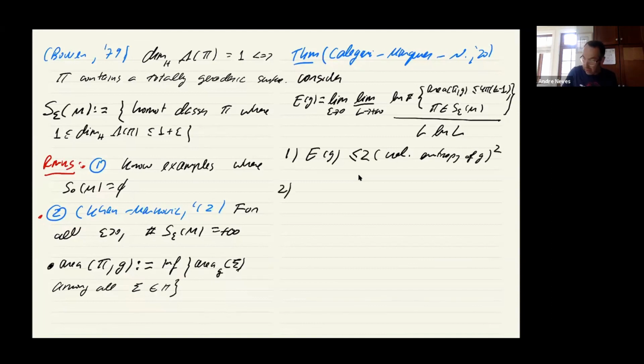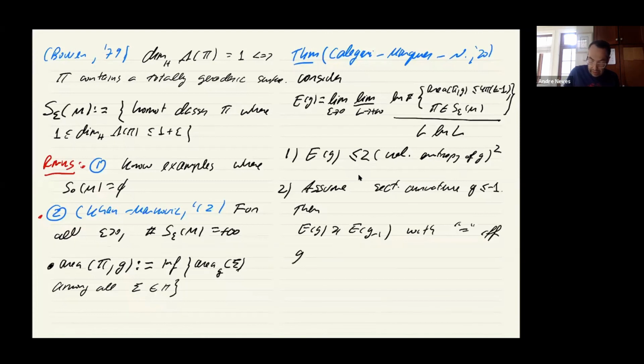And the second result is that if we normalize the metric so that the sectional curvature of g is less or equal than -1, then this entropy is minimized by the one for the hyperbolic metric, with equality if and only if the metric is the hyperbolic metric.